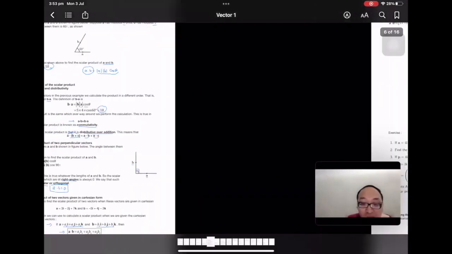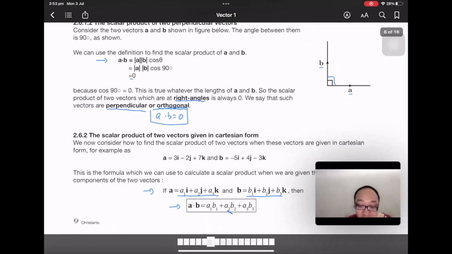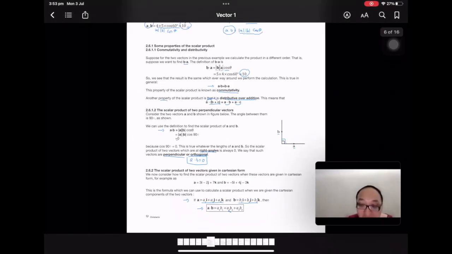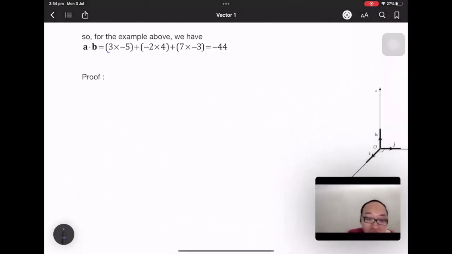So from the example here, if I have A equals 3i minus 2j plus 7k, and B equals minus 5i plus 4j minus 3k, A dot B equals 3 times minus 5, negative 2 times 4, and 7 times negative 3, which equals negative 44.